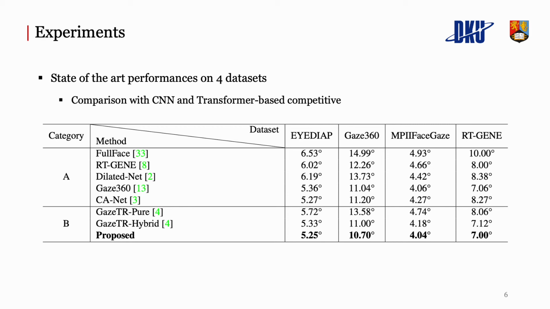In this slide, we show the performance of the methods using CNN, transformer, and ours. Category A denotes that the methods are CNN-based models, and B denotes that they are transformer-based. The GazeTR-Pure in category B has the same structure as ViT.